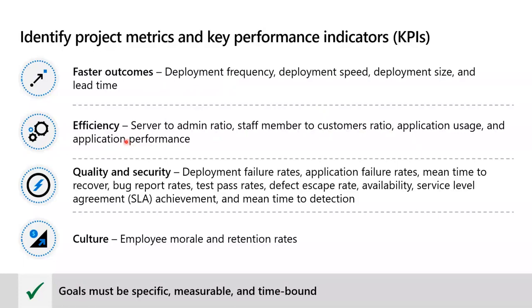What else? Quality and security: the deployment failure rates, the availability my application is having, if we are detecting downtime throughout the sprint or at the end of each period in my applications. And the culture, employee morale, and rotation rates.